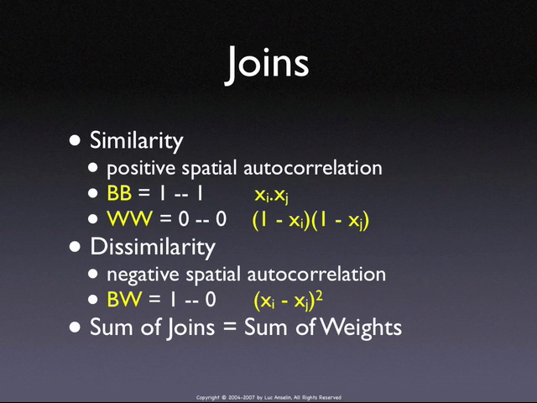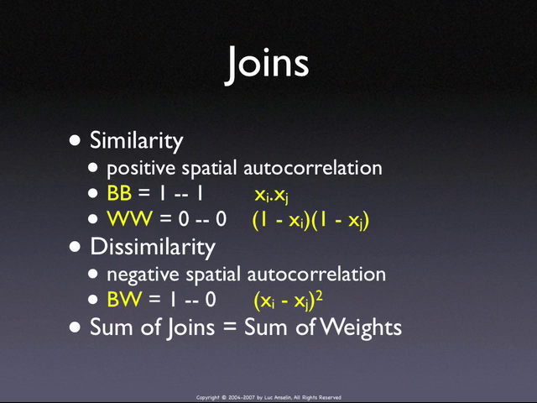The outcome could be, say, red and blue. So one is red, the other one is blue. Red states, blue states. So you're interested in the cases where red is next to red or blue is next to blue. And then negative spatial autocorrelation is our checkerboard pattern, the opposites. So those are the cases where red is next to blue or blue is next to red.